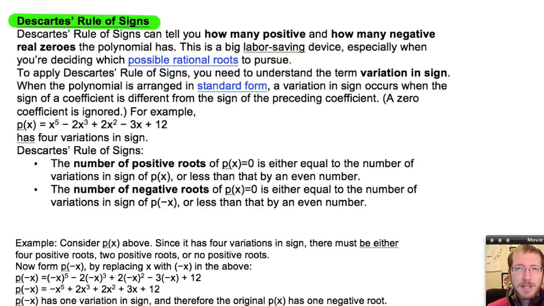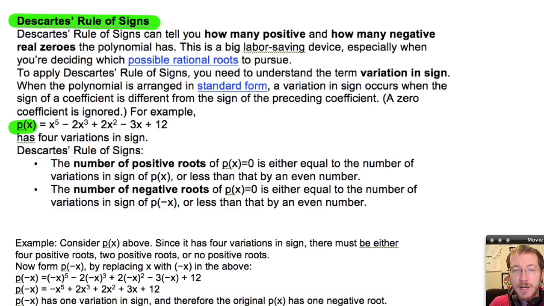So to do Descartes' Rule of Signs, we're going to be looking at the variation in sign of our given function. It's got to be in standard form. So let's look at P of x. We're given P of x as x to the fifth minus 2x cubed plus 2x squared minus 3x plus 12.